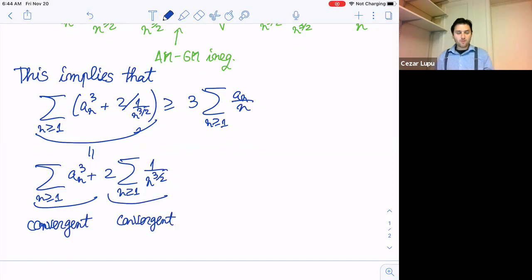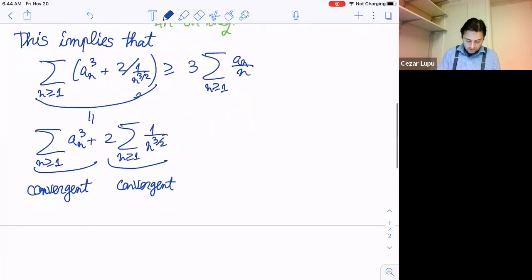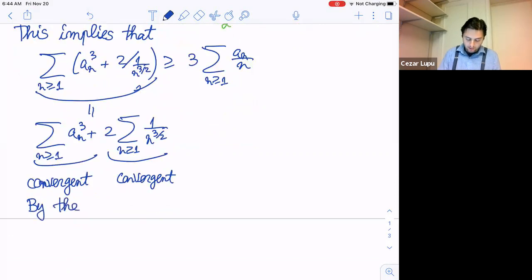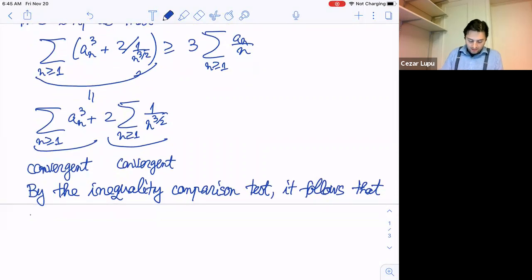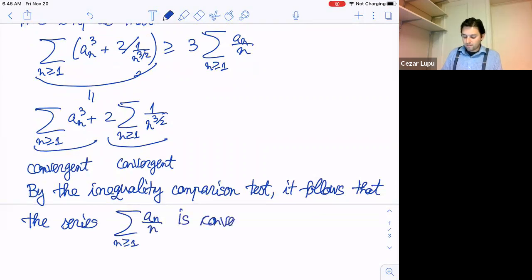So therefore, by the inequality comparison test, it follows that the series is also convergent. All right, and that's it. That's the problem. We're done.